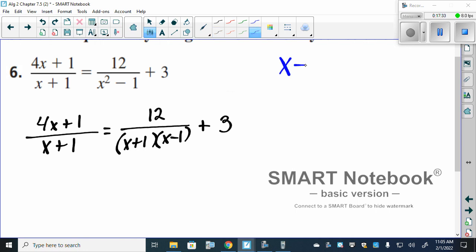And it also helps us find out what the restrictions are. Because for the x plus 1 in the two spots, we cannot have x be negative 1. And for our x minus 1, we can't have x be 1. So if x is negative 1 or 1, it is an extraneous solution. It will not work for this problem.